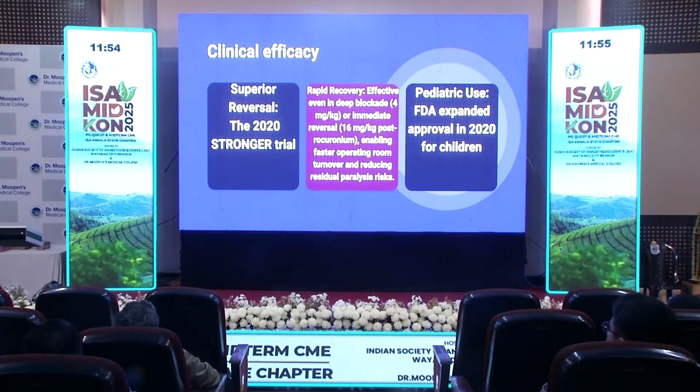We use it generously, I said generously, even though I want it used judiciously, because it helps us overcome the turnover time. Usually the turnover time may increase from 20 minutes to 40 minutes. But after we started using Sugammadex, the operating room turnover time significantly came down. Within 15-20 minutes, we were able to take the next case, and the risk of residual neuromuscular blockade is also less.